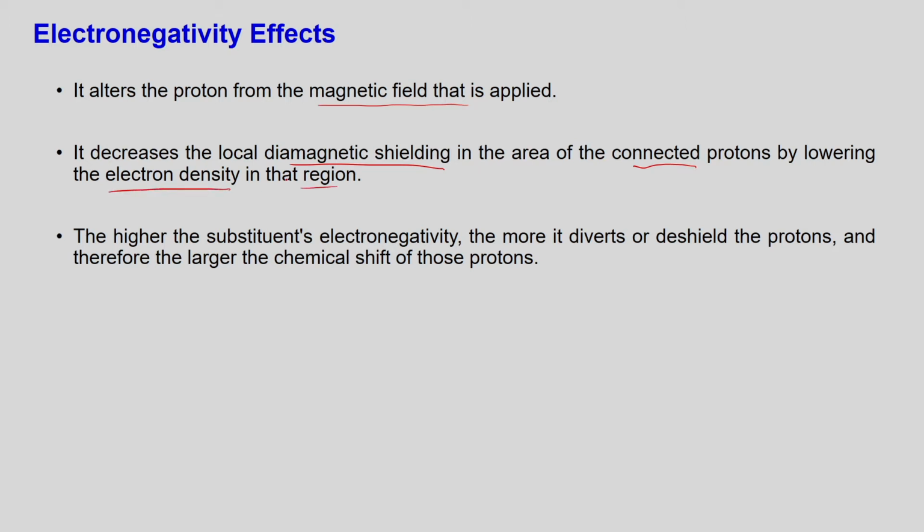The higher the substituent electronegativity, the more it deshields the protons, and therefore, the larger the chemical shift. So, a higher and higher electronegative atom will give us a higher and higher chemical shift, because it will try to distort the electron cloud to a higher extent.